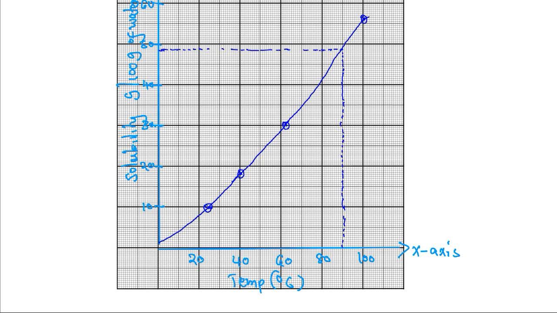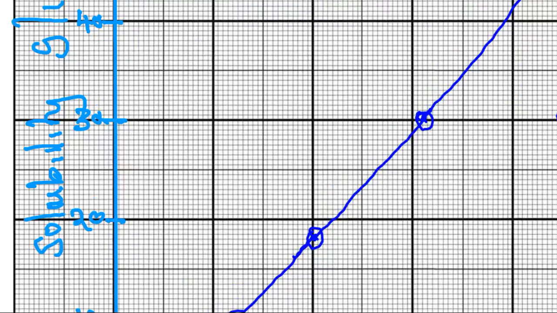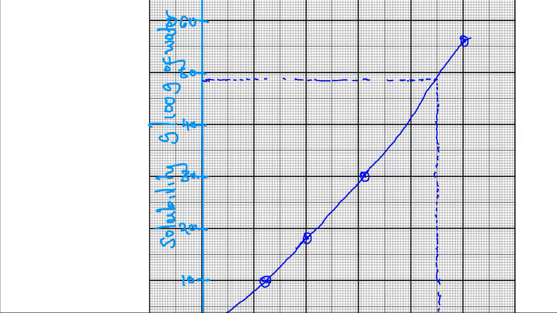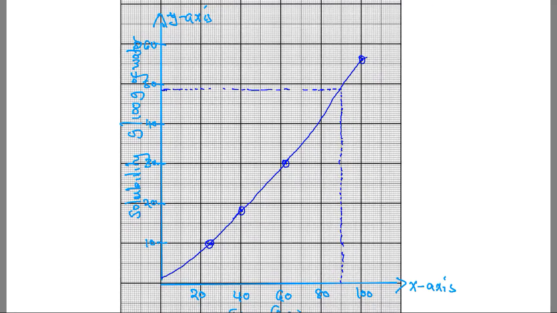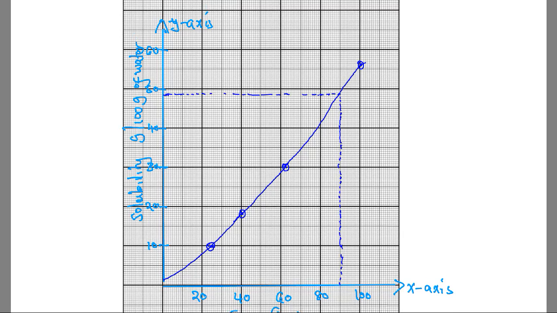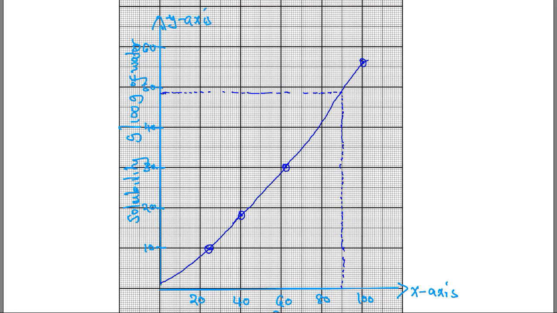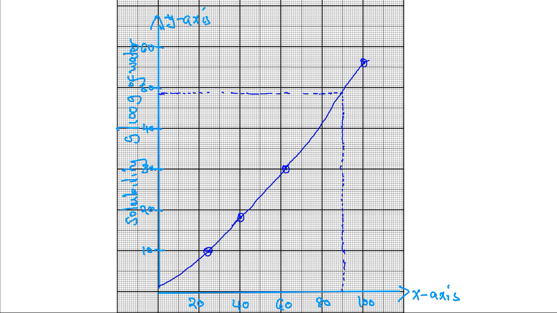So first of all, 30 degrees Celsius gives 64. So that is 30 degrees Celsius. If you narrow down that to the line, the answer is exactly 64 degrees Celsius. That is Roman 1.